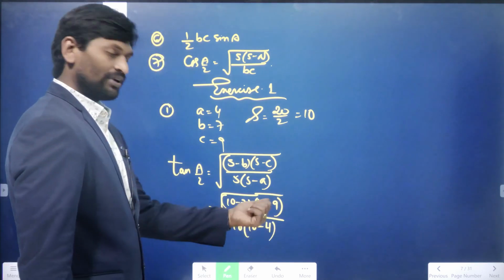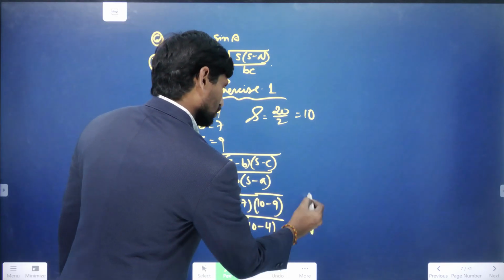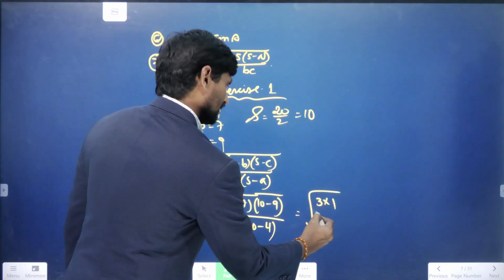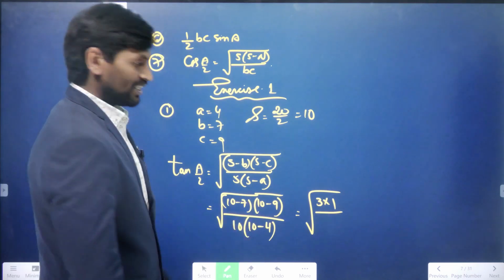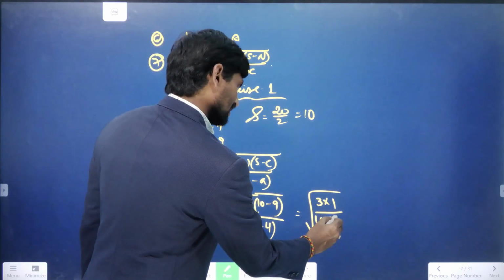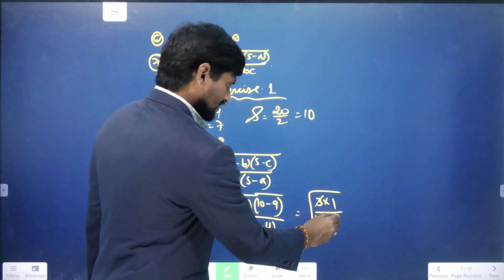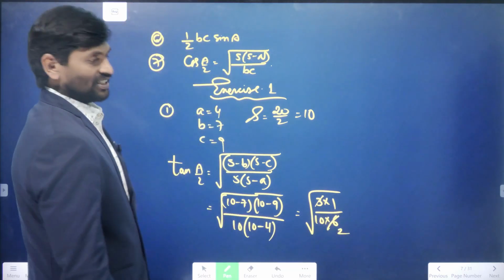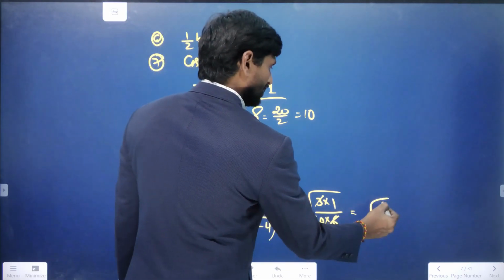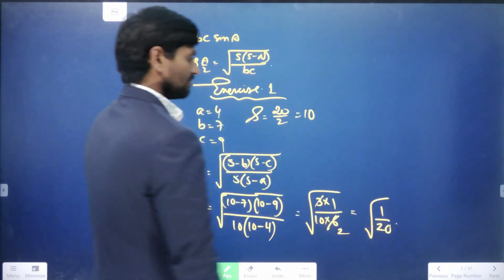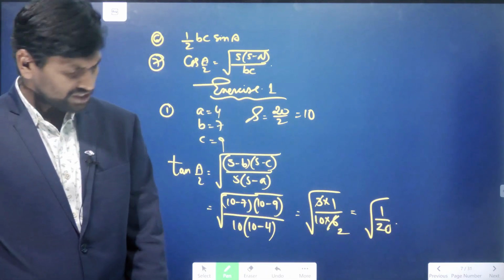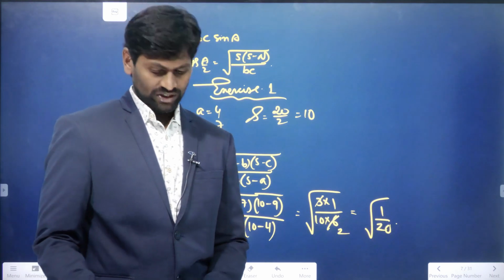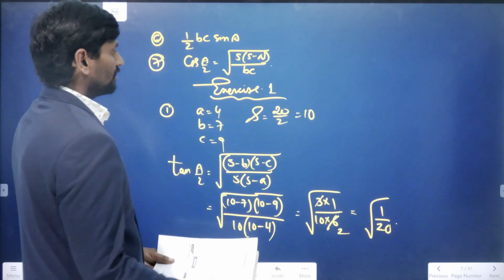Okay, so 10 minus 7 value is 3. So root over 3 into 1 by 10 into 10 minus 4. 10 minus 4 is 6. So 3 twos are 6, cancel, that is nothing but root over 1 by 20. So 1 by root 20 or root over 1 by 20. Anything can be the same. So let us go to problem number 2.